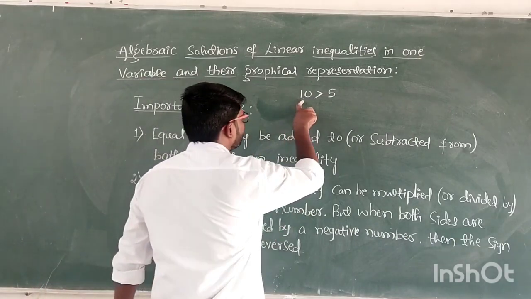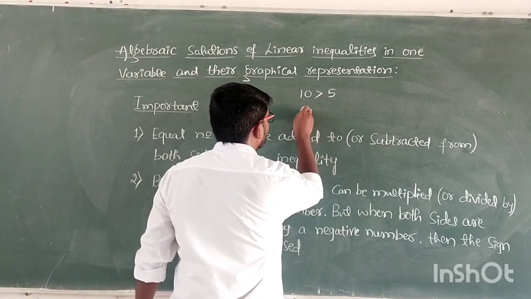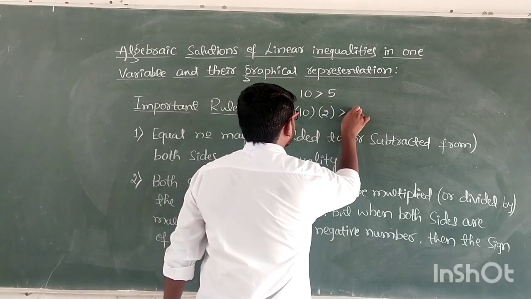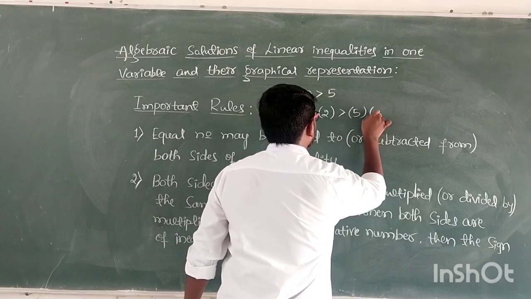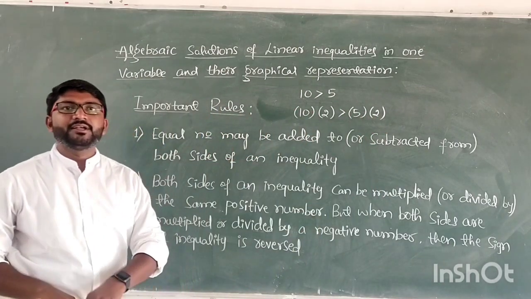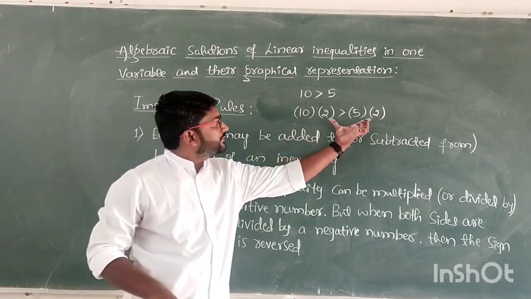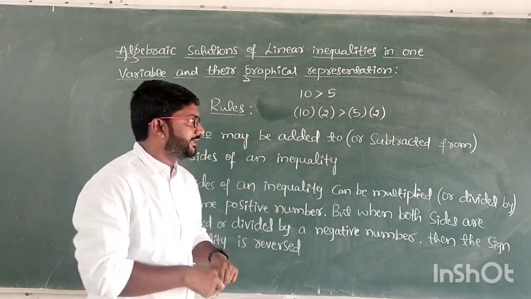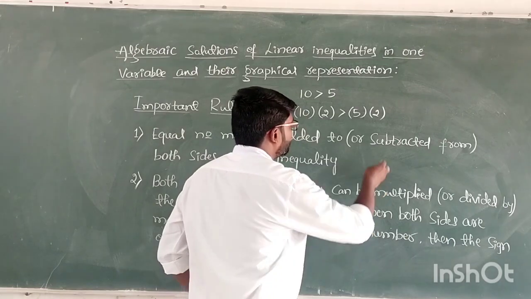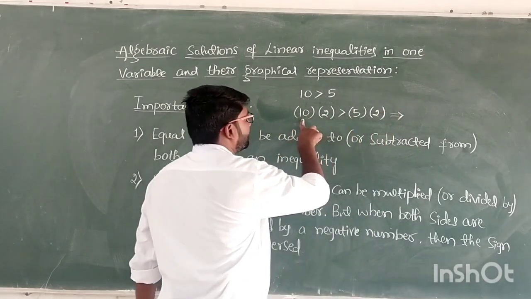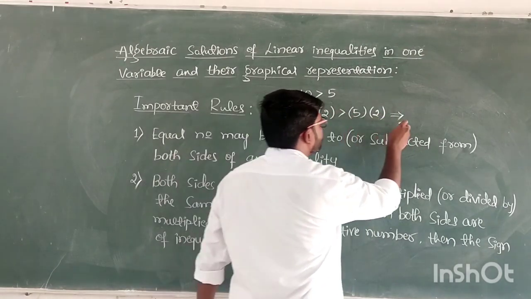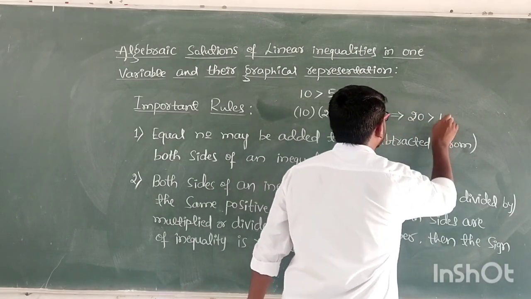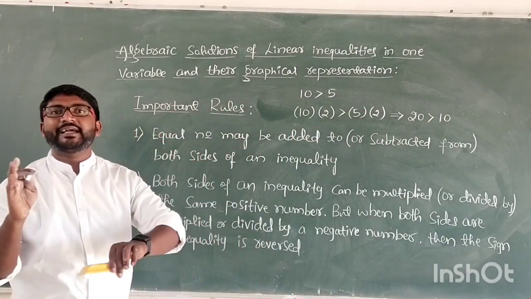So I will multiply both the sides by 2. 10 into 2 greater than 5 into 2. So in the next step it will be reduced to 10 into 2, it is 20, greater than 5 into 2, it is 10. So 20 greater than 10.